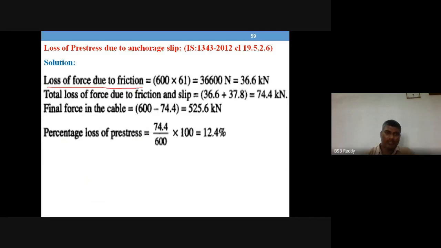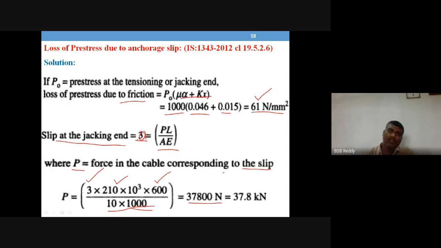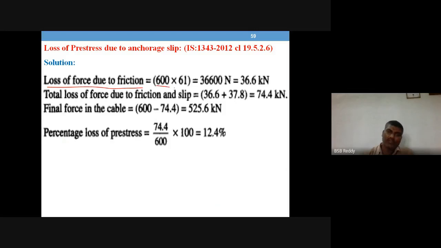Loss of force due to friction: the friction loss stress is 61, multiplied by area, will give you the force.